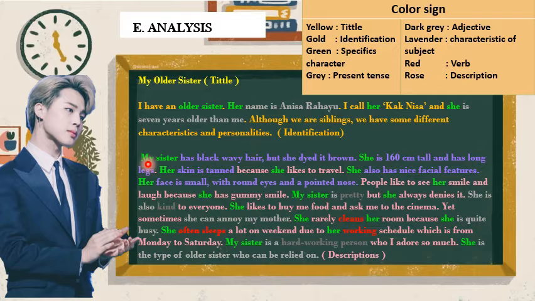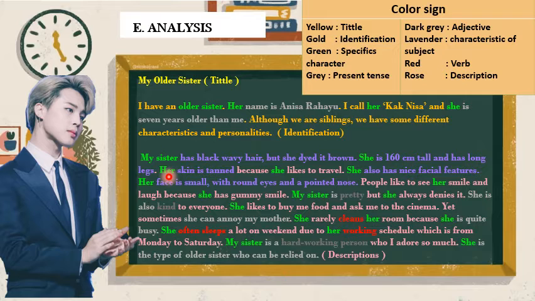We move to the second paragraph. Here the text is in rose color and it's the main description part of the text. So, the text continues the explanation from the first paragraph. This paragraph also changed into colorful and every color explains the meaning of the sentence itself.